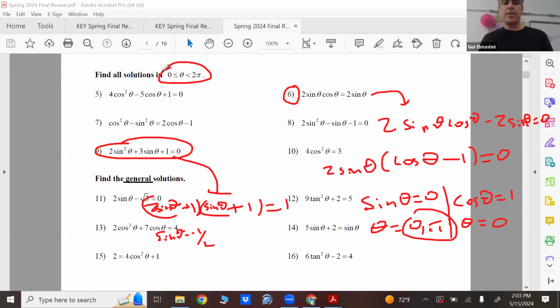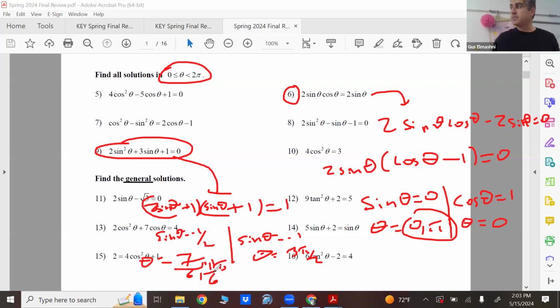It's confined in that interval. Yeah, and sine theta equals -1. So theta will be 3 pi over 2. Theta will be... -1/2. Why? 7 pi over 6 and 11 pi over 6. So those are your answers for that one.